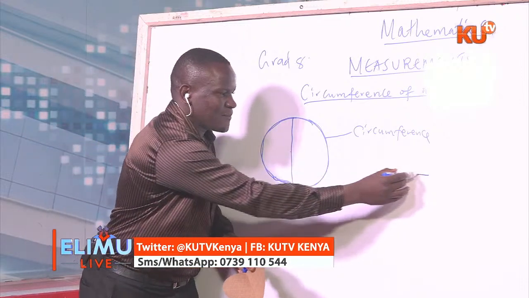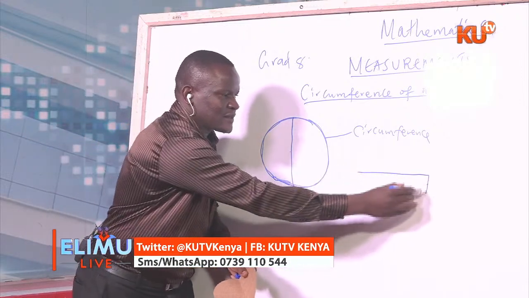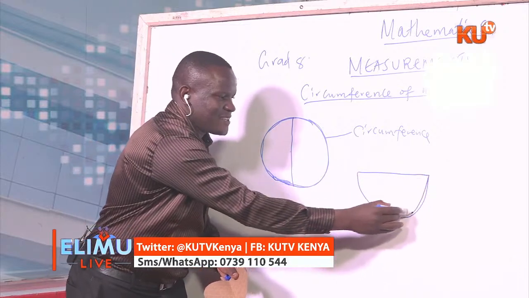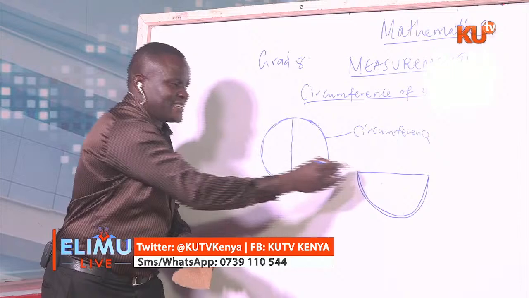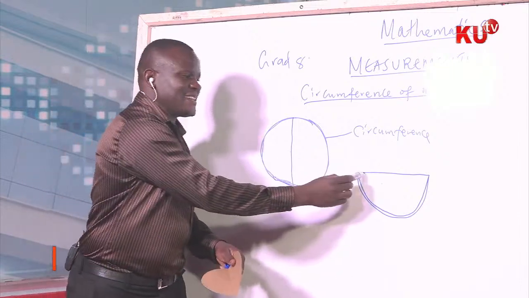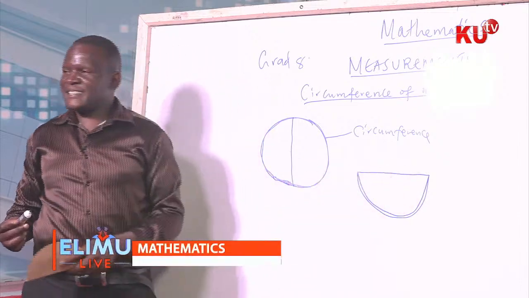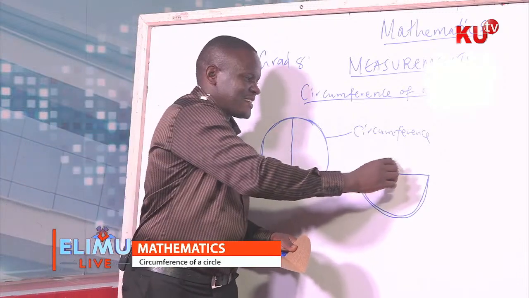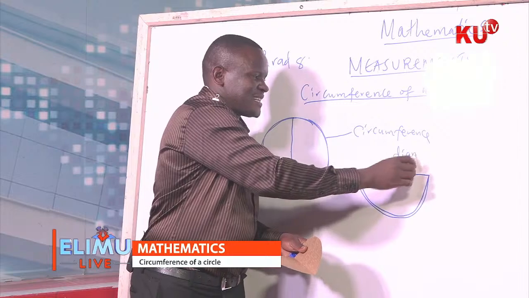After folding, when you fold it, you will have an image of that kind. So this line that passes directly at the center is the diameter.